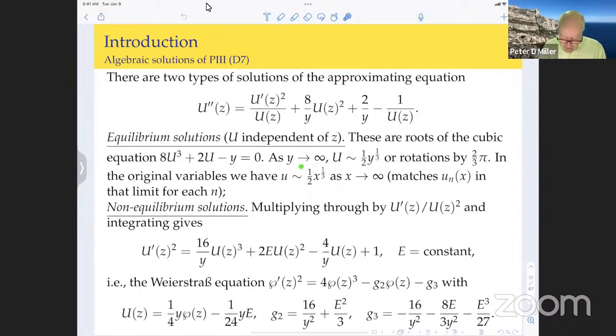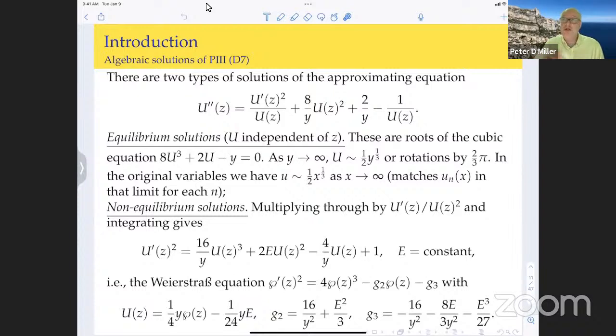So when y goes to infinity, this capital U, of course, for this cubic equation should look like 1/2 y to the 1/3, or obviously there's other cube roots. So we can put in those factors e to the plus or minus 2 pi i over 3 as well.